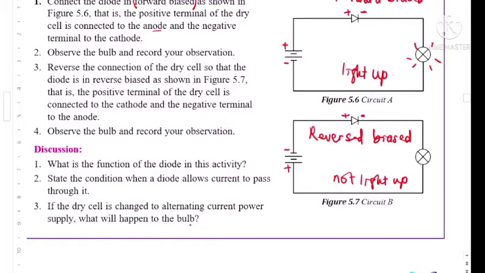The bulb will continuously light up because the direction of current keep changing will produce the current to flow when forward bias and then does not flow when reverse bias.